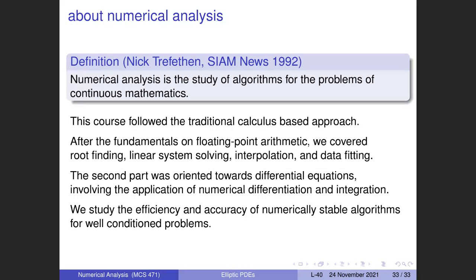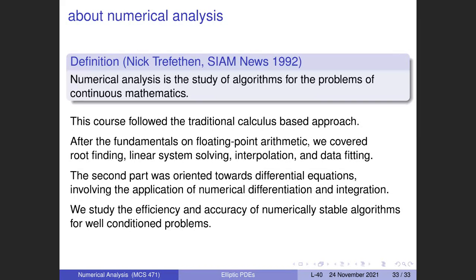So in a way, we derive algorithms which can be completely logically correct, but which can give on certain inputs completely meaningless results. That makes numerical analysis both difficult and very, very interesting.